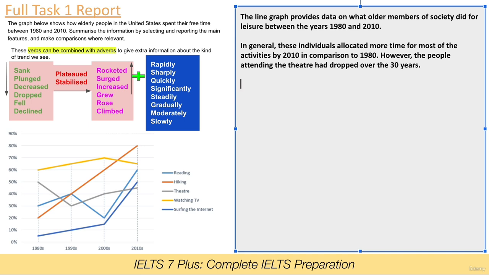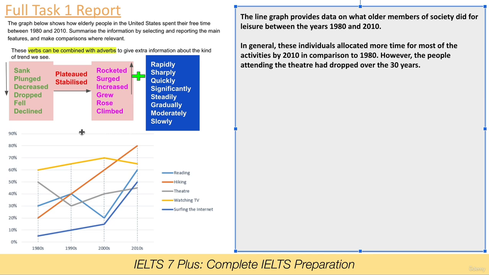Again, not being specific, just very general here. So, however, the people attending the theatre had dropped over the 30 years. So it dropped, then it rose again, but it never maintained what it was in 1980.